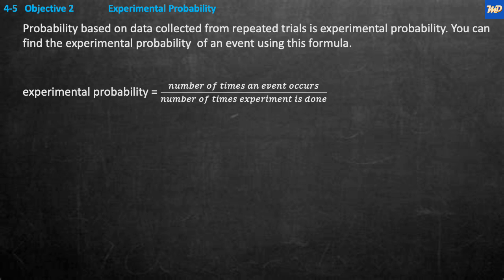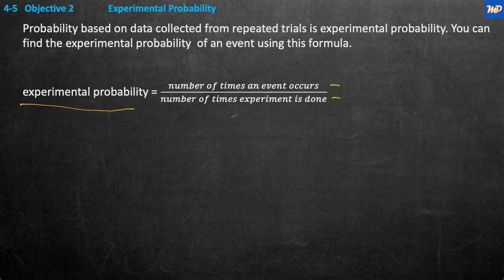Okay, let's talk about objective two, the experimental probability. The last was theoretical probability. Now we're going to talk about experimental. What's the probability as you're actually doing the events? The probability based on data collected from repeated trials is experimental probability. You can find it using this formula: the number of times an event occurs divided by the number of times the experiment is done.